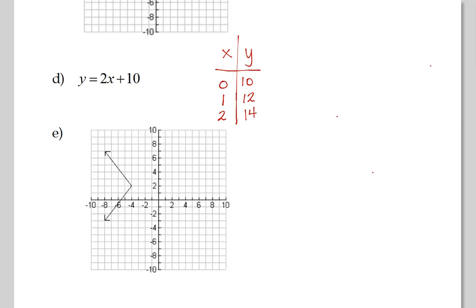Now do you see the pattern? What's happening as the x changes by 1, the y changes by 2. Is that always going to happen? Yes. So this is an example of a linear equation. What makes it linear is this constant rate of change, delta y divided by delta x.